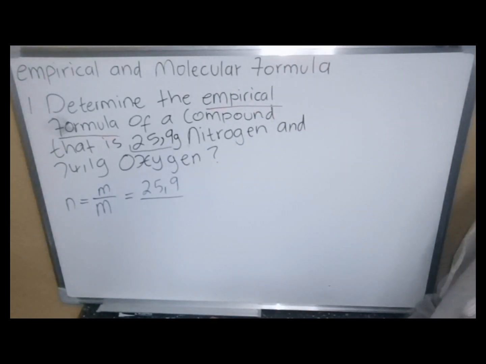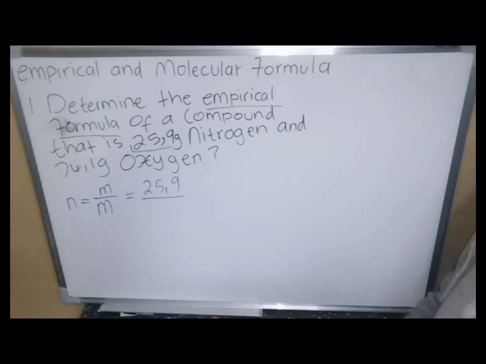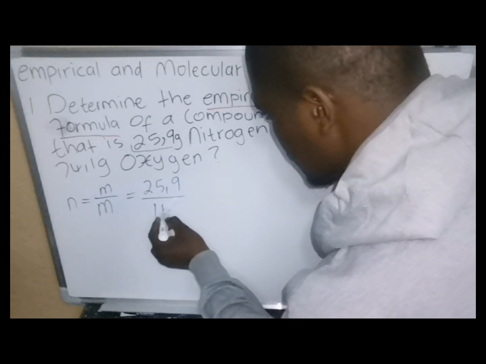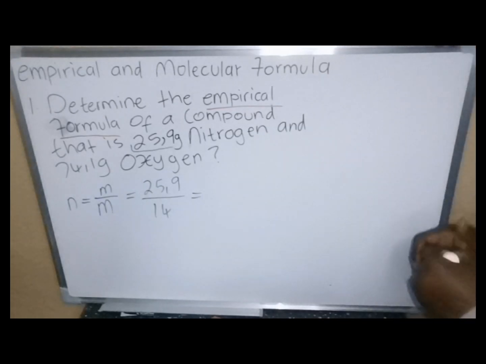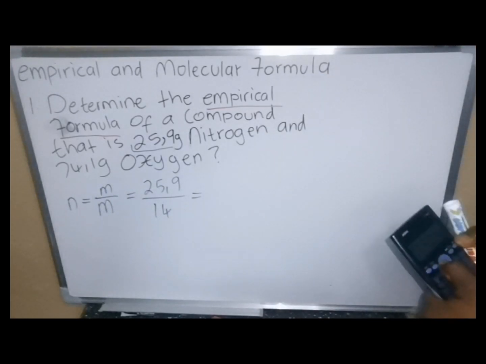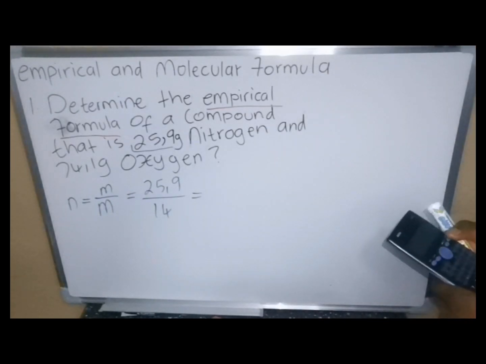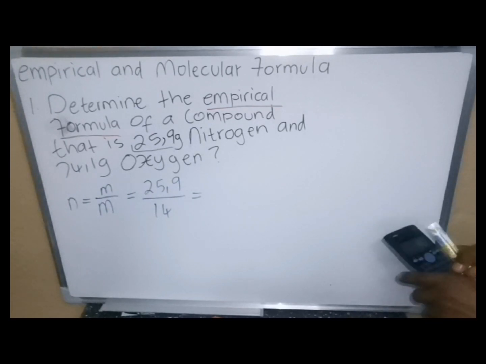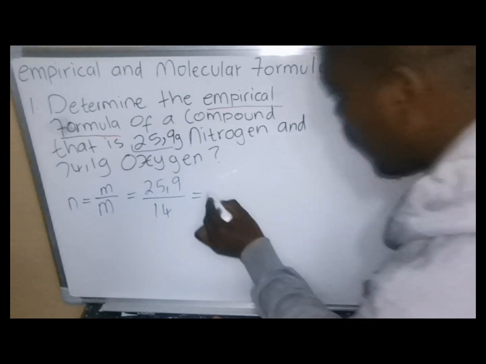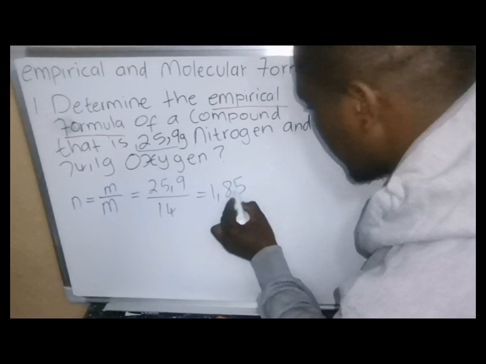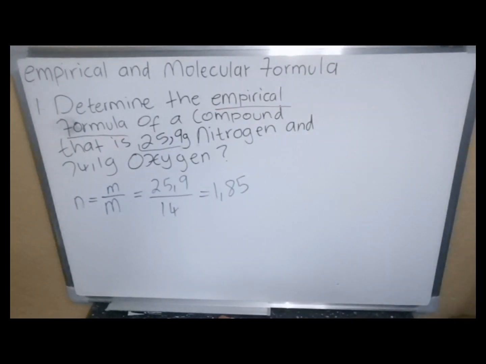You go back to your periodic table and check the atomic mass of nitrogen. You give 14. Then you put this on the calculator: 25.9 divided by 14. It's going to give me 1.85. Okay, guys, then you are done with the number of moles for nitrogen.